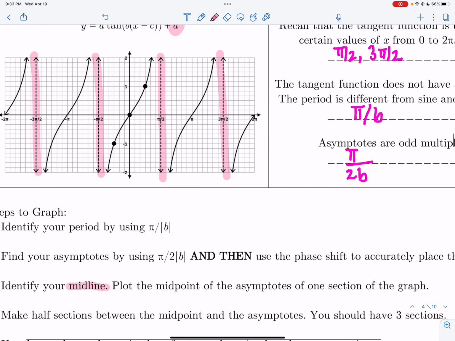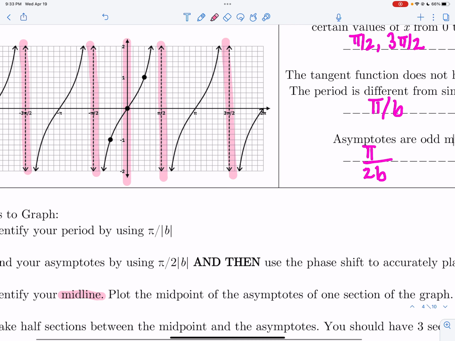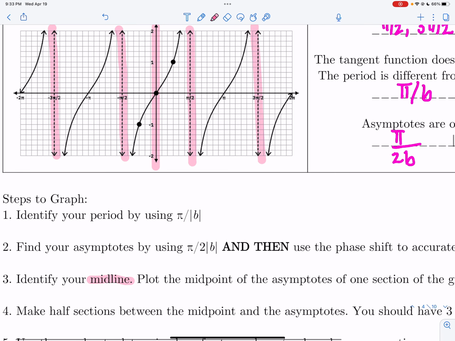And this is what I mean. Technically 2. From my midpoint of my larger asymptotes, I'm going to create one fake asymptote right here. That tells me that I'm going to split it up so that I have this right here, this midpoint.